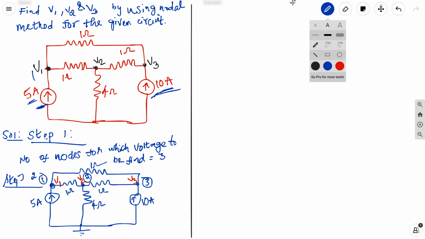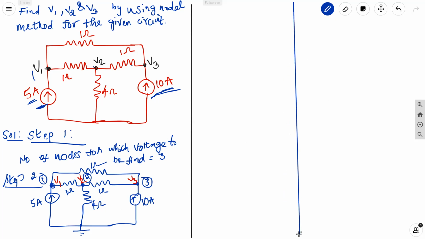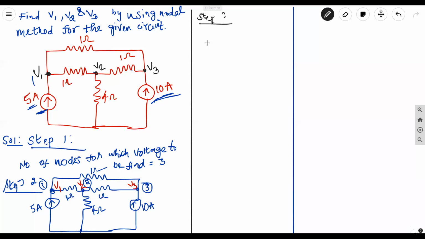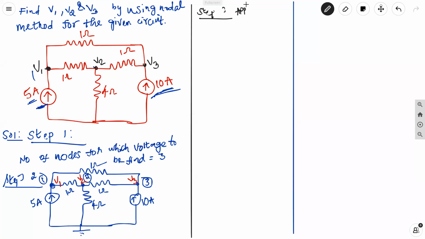Next, step 3, we need to apply Kirchhoff's current law to all the 3 nodes. So let us apply Kirchhoff's current law first for node number 1. Listen carefully to how I am going to apply KCL at node 1. Apply KCL at node 1.